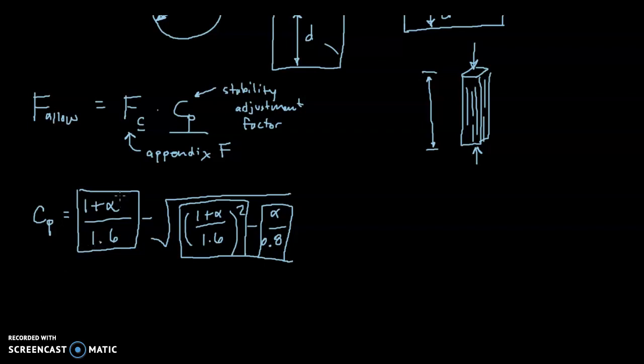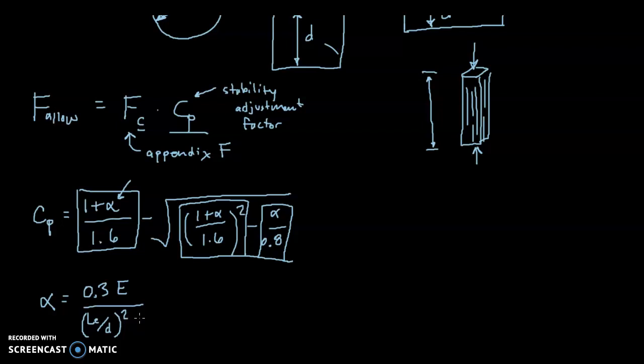And you may notice that this equation has this alpha variable in it. We haven't talked about alpha yet. What is it? Well, it's a variable that, again, needs to be calculated. It's going to be 0.3 times E, the modulus of elasticity, divided by our effective length divided by D, L_E over D, which we need to be less than 50.